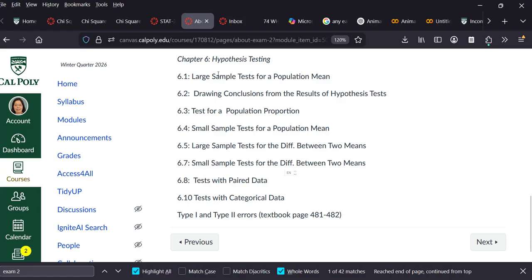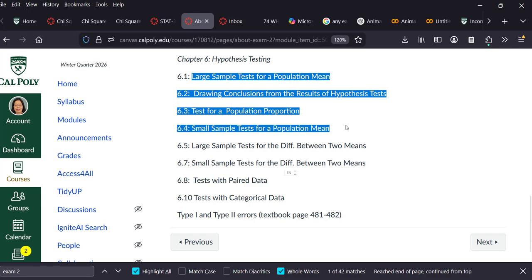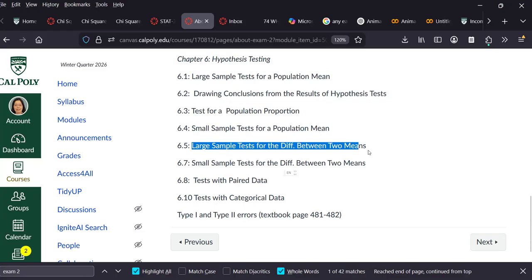Hypothesis testing, we have a lot more content. From the one sample, here is the one sample for population mean and one sample for population proportion. Population mean also has the larger sample versus the small sample. And more recently, we had the difference between 2 means, a larger sample or small sample, so it's z-test or t-test.